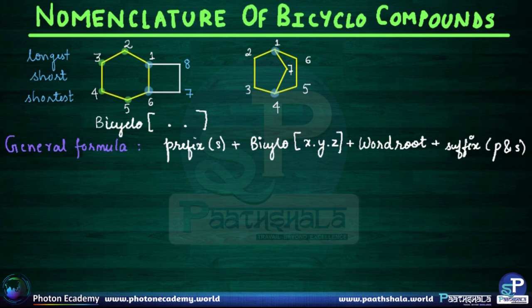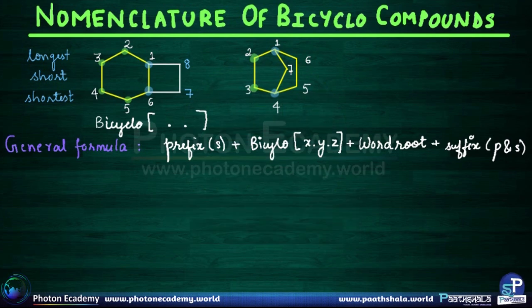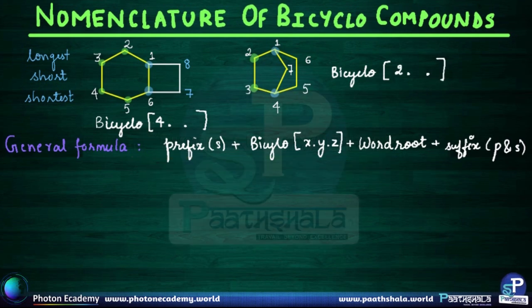And in this example, there are 2 carbon atoms in our longest chain. So X represents the number of carbon atoms in the longest chain. In the first example, the number of carbon atoms in the longest chain is 4, so our X will be 4. Similarly for this example, there are 2 carbon atoms in your longest chain, so your X will be 2.